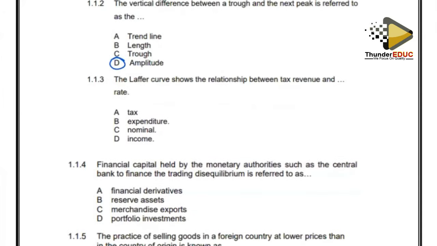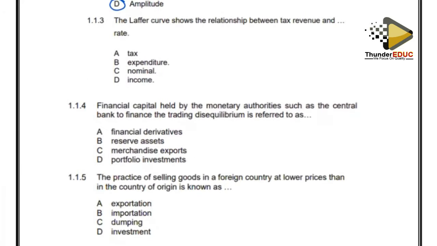Okay, right. So now, grade 12, let's move on to the next question, 1.1.3. It reads as follows: the Laffer curve shows the relationship between tax revenue and dash rate. So dash rate, it means what? So now let's remind our brains and picture this gentleman Laffer.